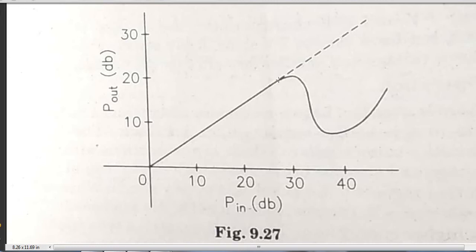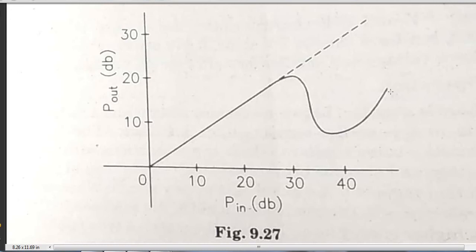And for larger input greater than this, the diode absorbs the power and the output will be limited.